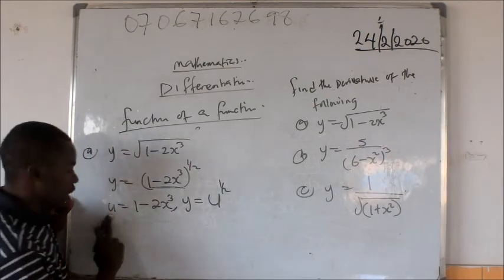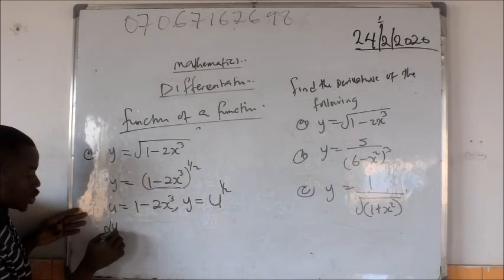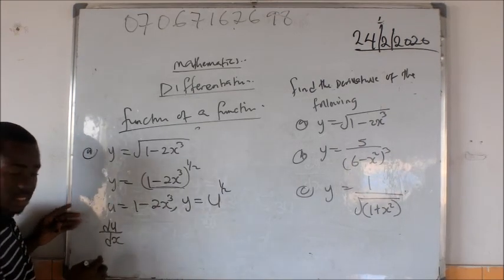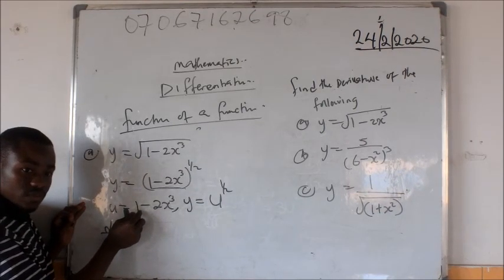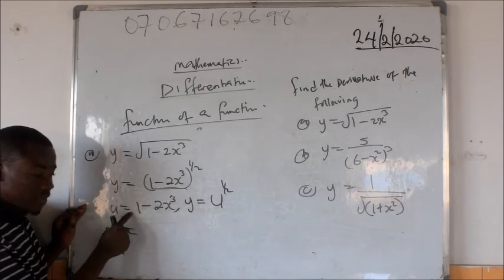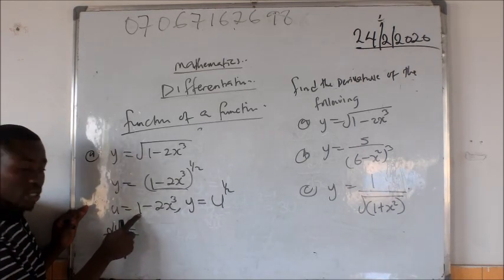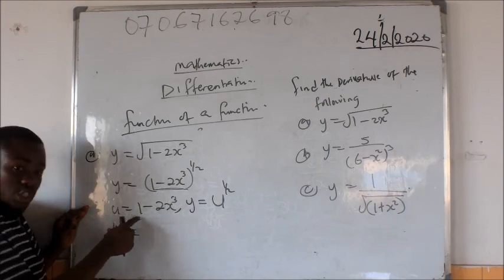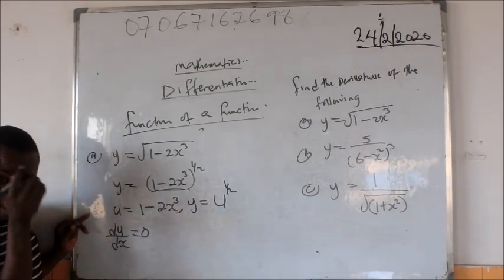So you differentiate this. If you differentiate, what do you have? du over dx is now equal to differentiation of 1, which is a constant number. Anytime you are differentiating a constant number, it will give you 0. Do you understand? So you are not differentiating this one. It will give you 0.